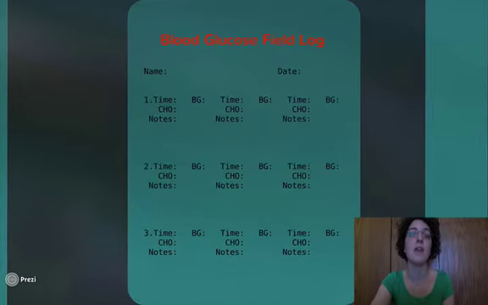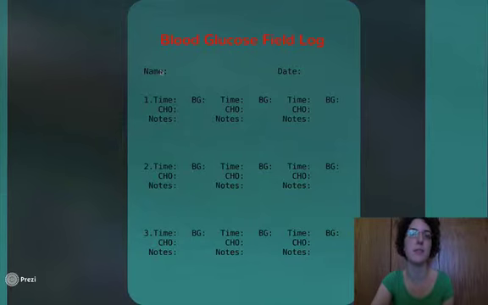And then if you're checking blood glucose levels and treating lows while the kids are out doing their activities, they'll be recorded in a blood glucose field log. This is just an example of what that will look like, so you know how this will go.